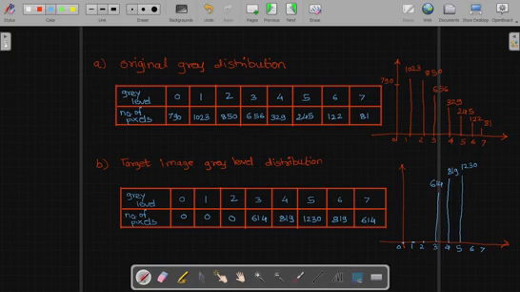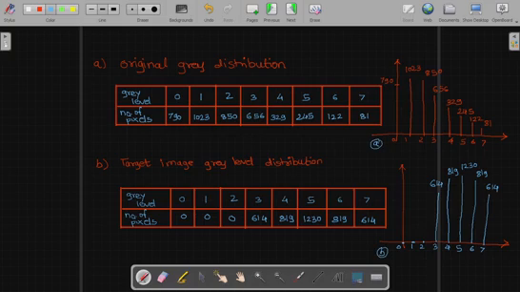Then at 6 we again have 8, 19 pixels, and at 7 we have 6, 14 pixels. So this is the histogram for image A and this is the histogram for image B.